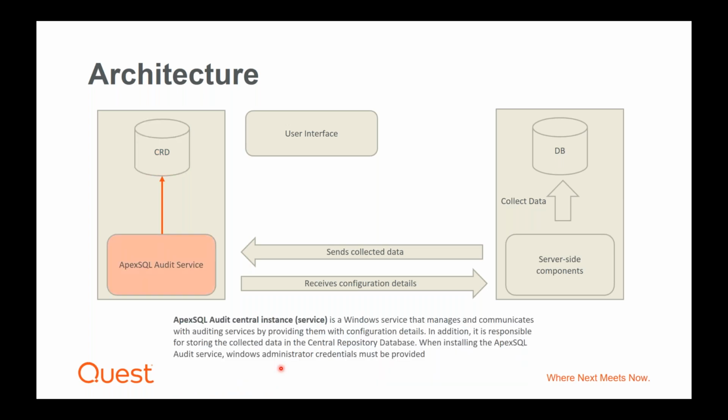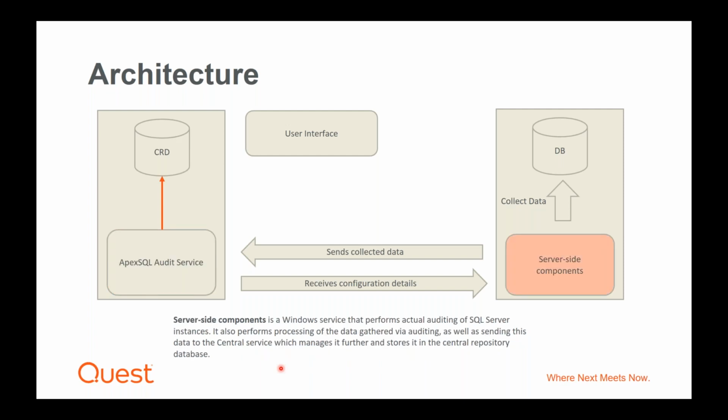We have an audit service which the interface will interact with and the remote collectors will interact with. When we want to configure an instance to be monitored for audit information, we install a service-side component on there, which is useful because it makes sure that all the processes are running and that the data is being sent back to the central service.